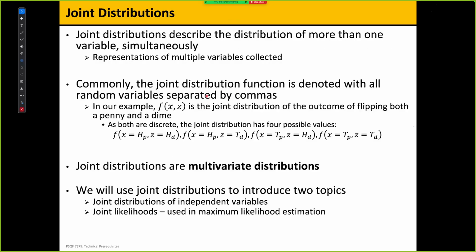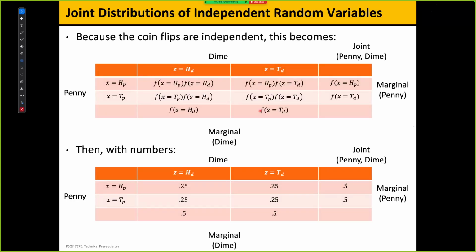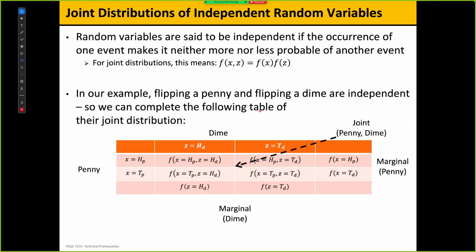Okay, moving forward. So what we did here in this example is we took the margins and we built the joint. And usually that's impossible to do. The only way we can really do that is if x and z are independent.